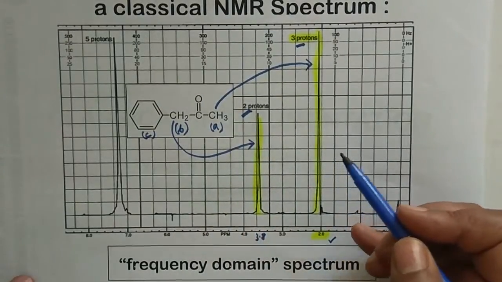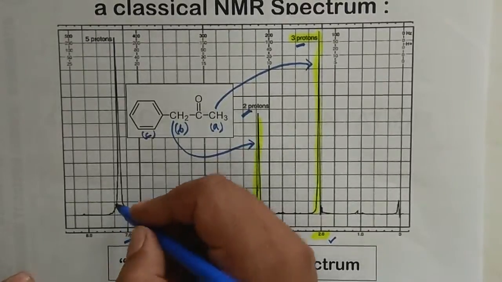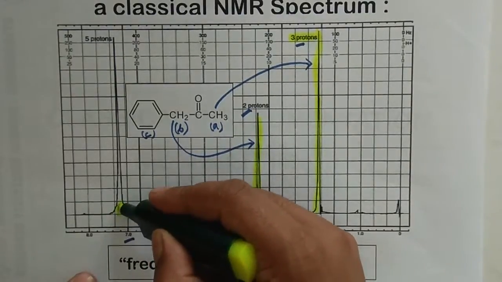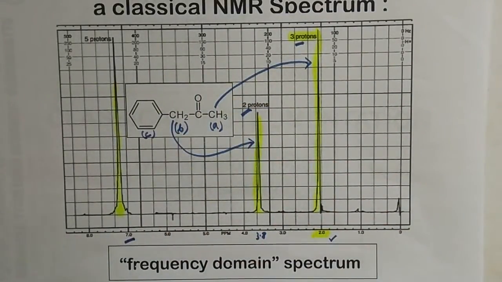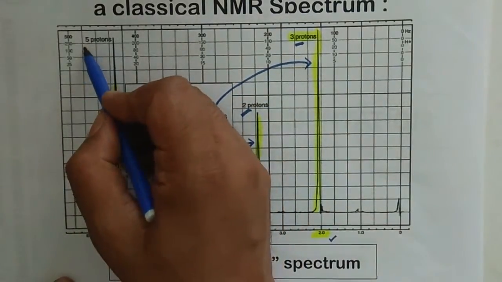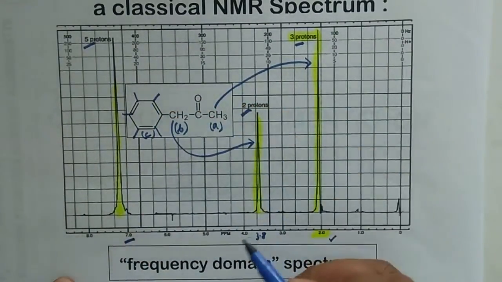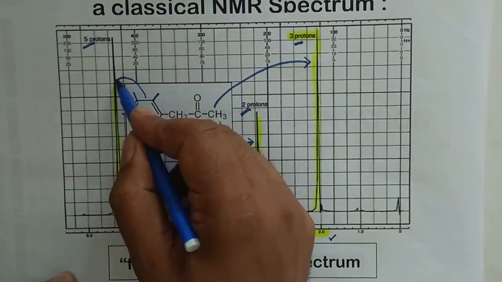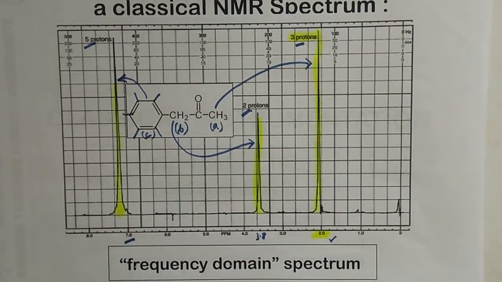Fine. And finally you can see I am having this signal at 7.1 ppm, and if I calculate the area under this particular peak, from here to here, it will correspond to 5 protons. So 5 protons means proton 1, proton 2, proton 3, proton 4, and proton 5. Five hydrogens are here, and this particular signal is due to this one. Later I will explain the general chemical shifts of the different functional groups.